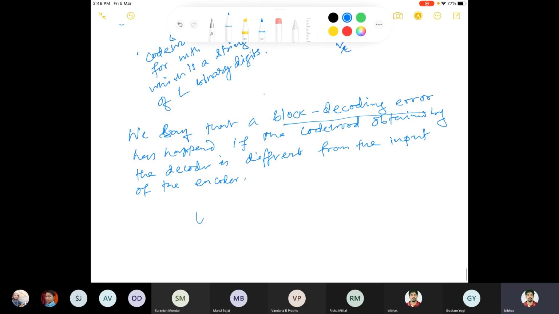So when you send something here and after decoding you receive something here, then there is an error.